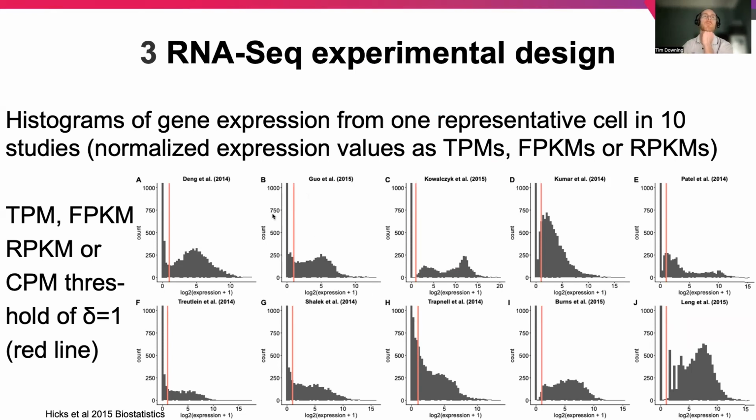The minimum threshold is given by the red line in each study, which is empirically determined for each one. That's our expression detection threshold. You see that for some, like this one here, the level of expression is much lower, whereas for this one over here it's much larger. So we have to consider how we compare between different studies, different samples, and different batches.